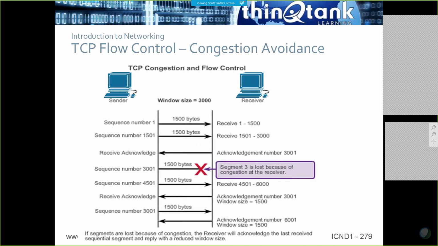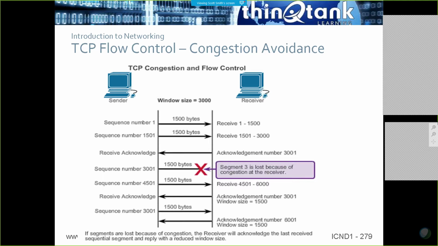That tells me that you missed a segment. Not only does it tell me you missed a segment, it tells me which segment you missed, because you missed sequence number 3001. Okay? But notice that the receiver also adjusted the window size to 1500. Meaning, send me sequence number 3001 and then I'll let you know if I got it.